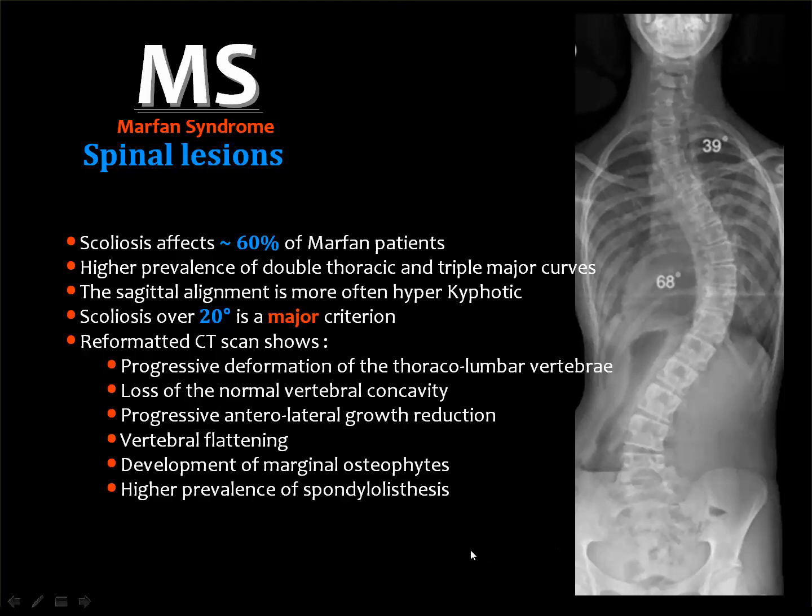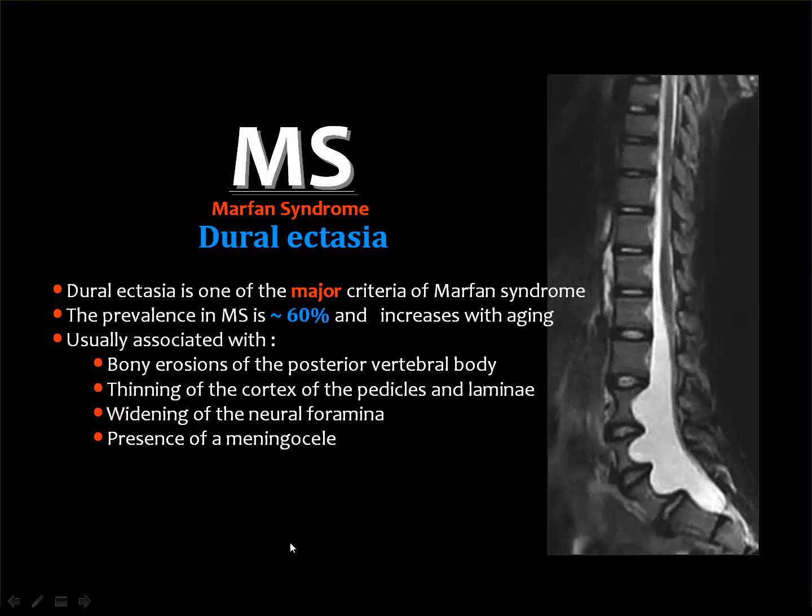And I think that the plain X-ray is quite enough for diagnosis of scoliosis and to see the progressive deformity and also to assess the angle of scoliosis, considering the bending to the left position and also to the right position.